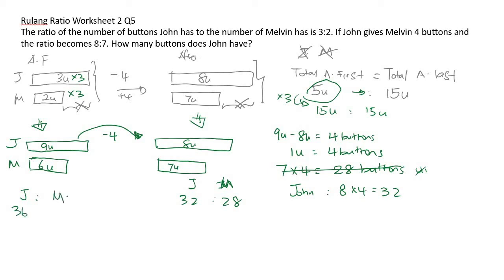Then Melvin will be 6 times 4, 6, 12, 18, 24. Can you see clearly how I check? 36 to 32 is actually minus 4 buttons, because John gave 4, right? And Melvin has an increase of 4.